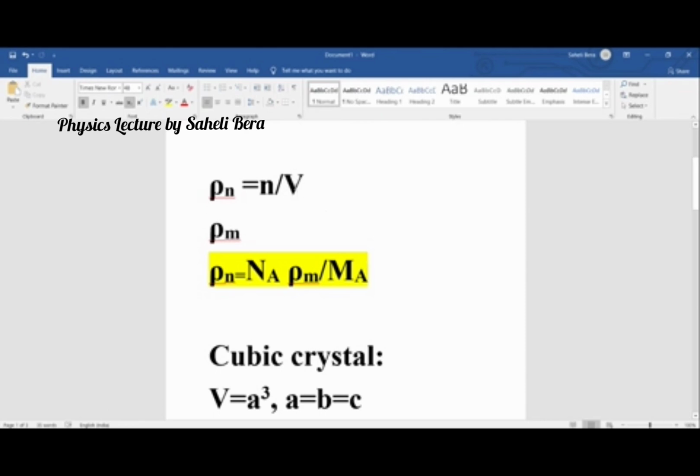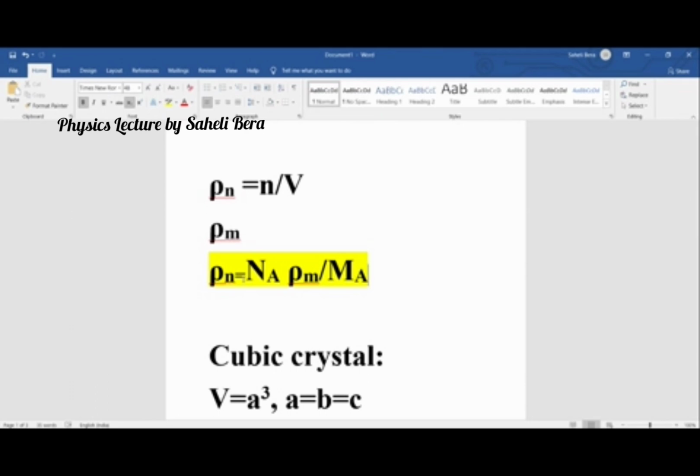If we replace the volume in this equation, I will get a relation. It is the same relation which you will get, so you can do it by yourself. It is very easy. And here number of atoms per unit cell, I am taking as 1 mole. So for 1 mole, the number of atoms will be the Avogadro number, which has the value of 6.023 into 10 to the power 23.